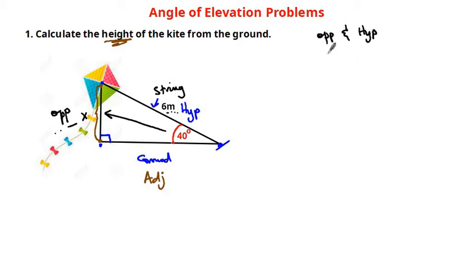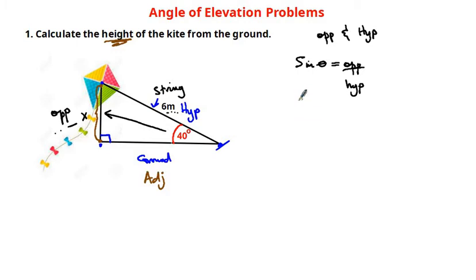The trig ratio that links these two sides is the sine ratio, where sine theta equals opposite over hypotenuse. After this it's just basic substitution.